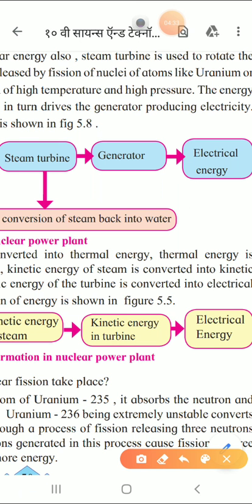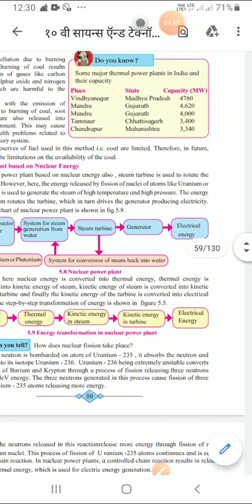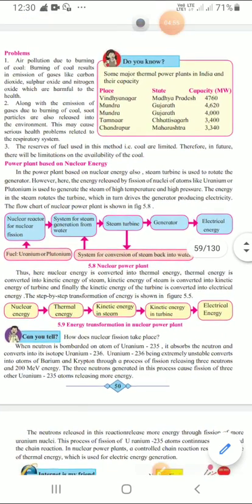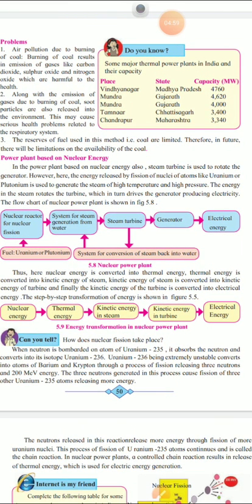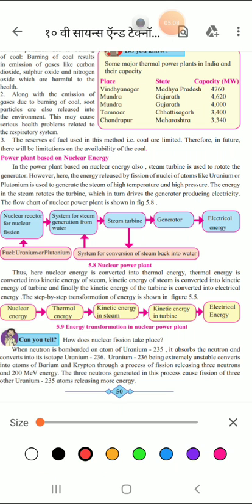Here the energy released. See this point I am highlighting.